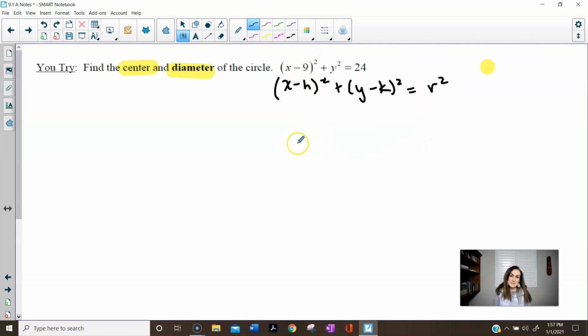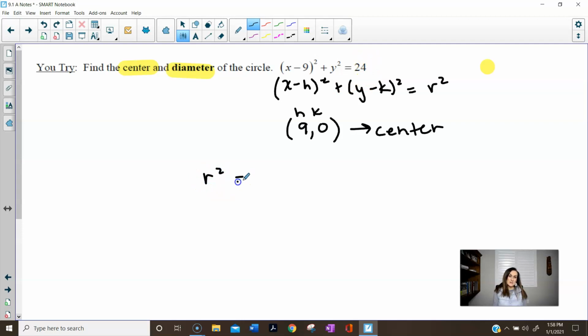So h happens to be 9 and k is 0. So that is HK, which is the center of the circle. Now, r squared is equal to this 24.